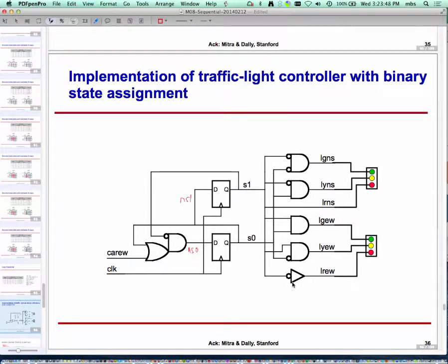So I'm paying the cost of an inverter plus 2 additional gates, and I'm saving 2 flip-flops. So you're ahead on this one. A flip-flop is worth a few gates. So at the cost of basically 2 gates and 1 inverter, I'm saving 2 flip-flops. So this seems to be better overall from a cost perspective.